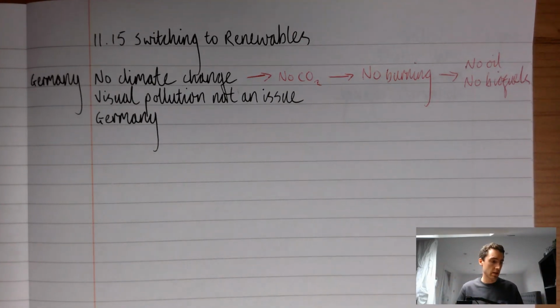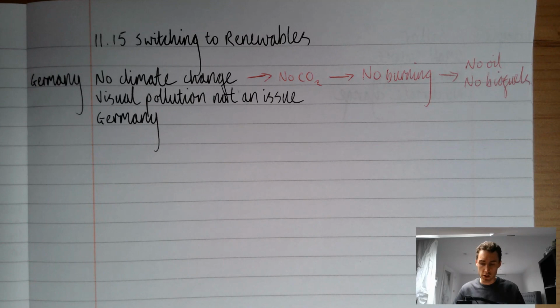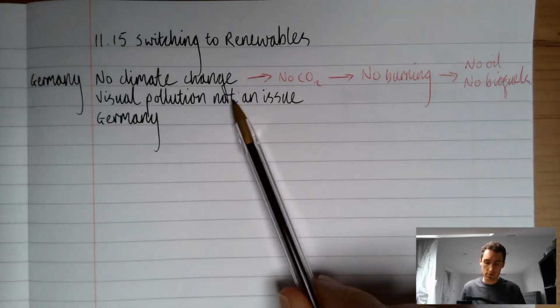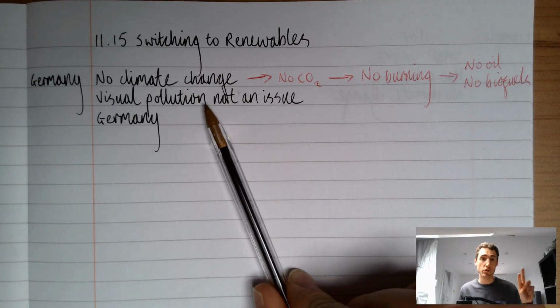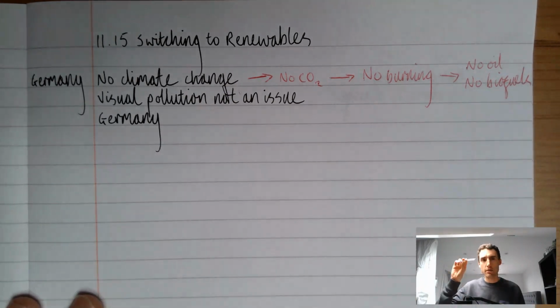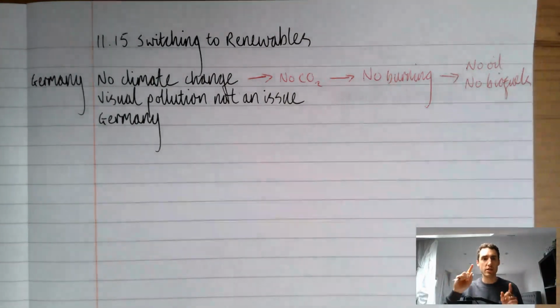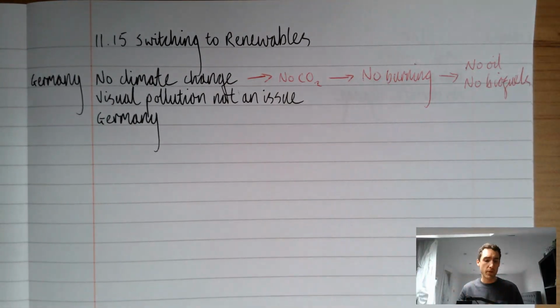And if students have learned about romantic poetry, you could relate it to Wordsworth and Coleridge and their views about nature and so on. But to make it easier, you can just say, look, visual pollution tends to be associated with those two, wind and solar. And the phrasing in the question here was a little bit difficult, so really draw students' attention. There's kind of a double negative.